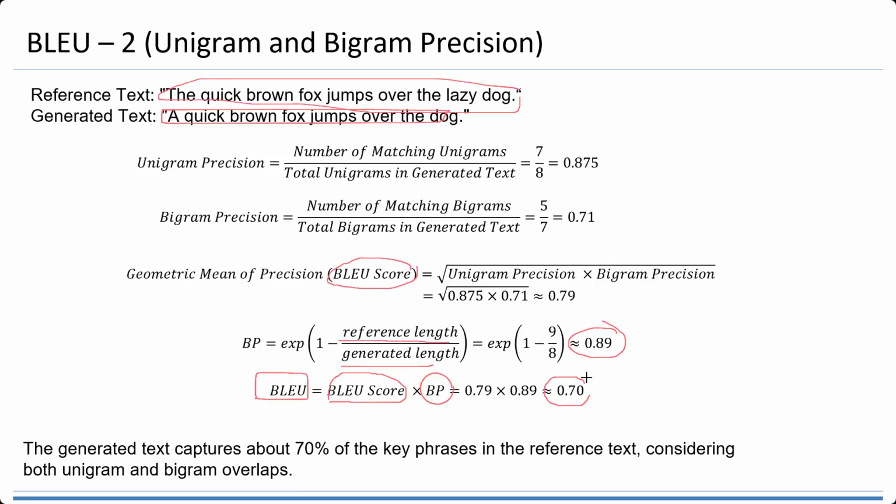Then the total is 0.7. So we can say the generated text captures about 70% of the key phrases in the reference text, considering both unigram and bigram overlaps. So this is the unigram, bigram, and you can look at the generated text and the reference text.